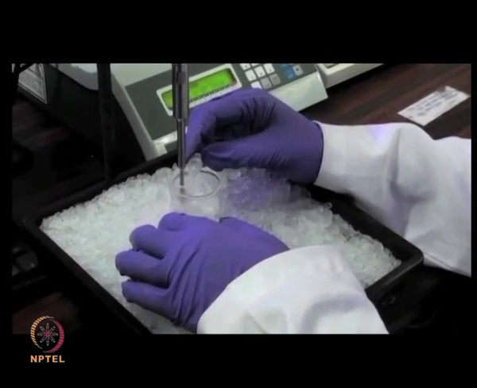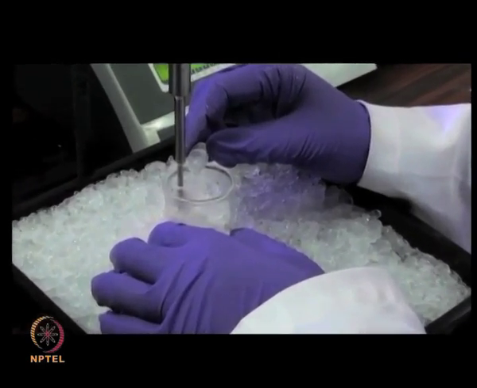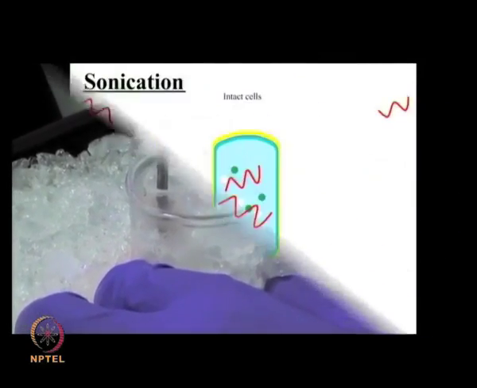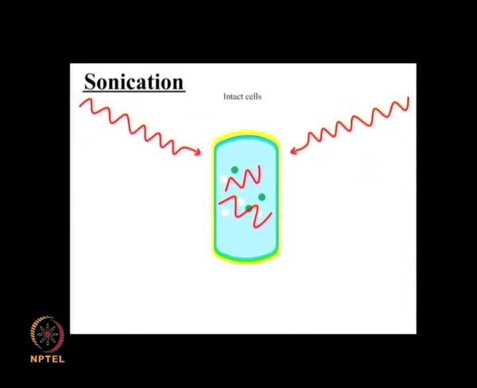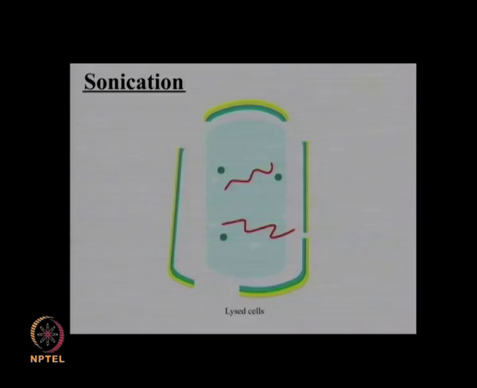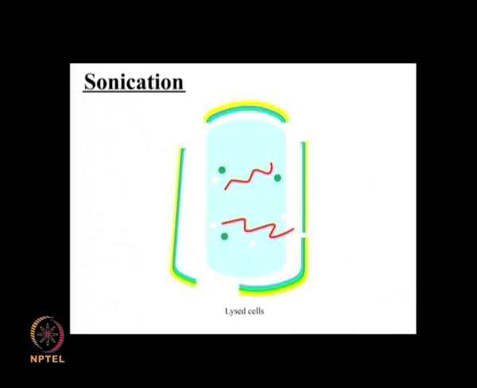The resuspended pellet is sonicated on ice to enable the bacterial cells to break open so that its contents are released. Sonication involves the use of high-energy sound waves that are capable of breaking open the outer membranes of cells. All cellular contents, including proteins of interest, leak out of this disrupted membrane.